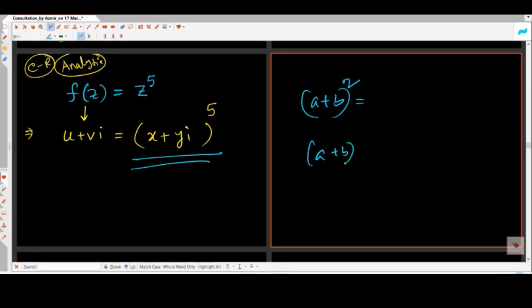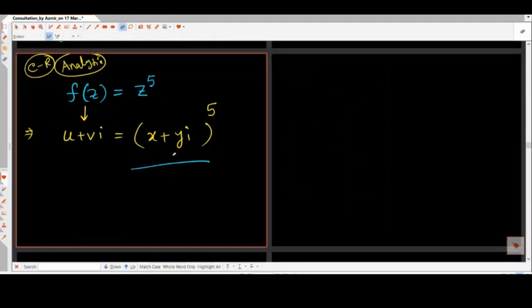We know the a plus b cubed formula. We perhaps know a plus b power 4, power 5, power 6 by using binomial theorem. But it is getting difficult to simplify. That's why we need the polar form here. So if we apply polar form instead of rectangular form, the problem will be easier.